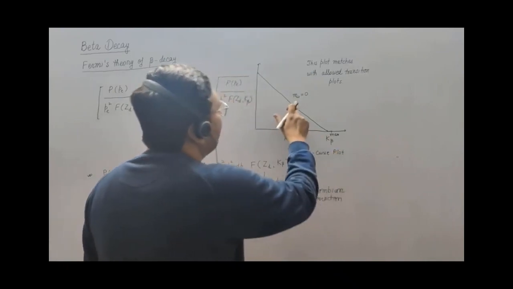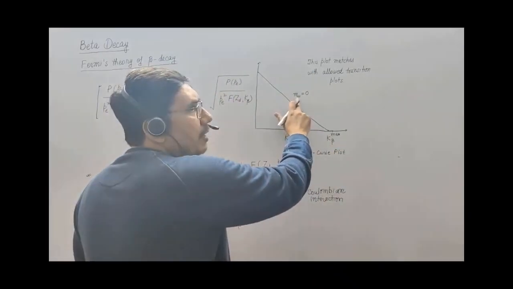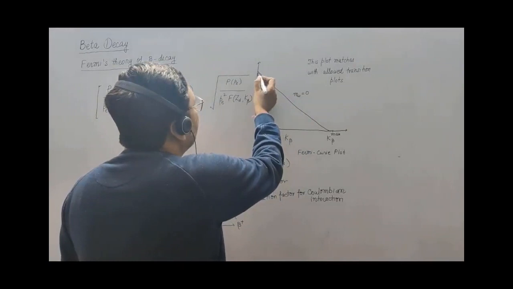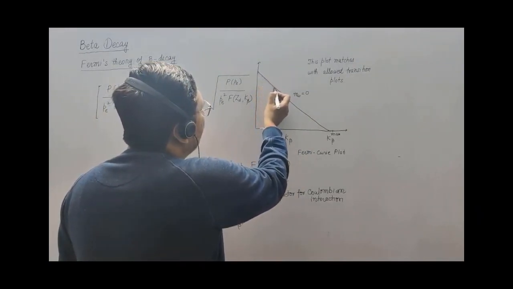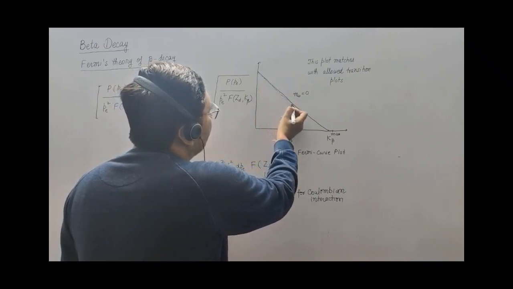However, there is one thing: if the exact mass of the neutrino is taken, then there will be a little bit of deviation from this.